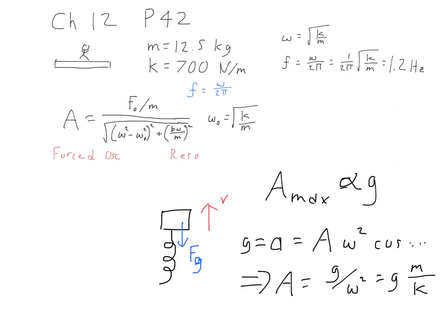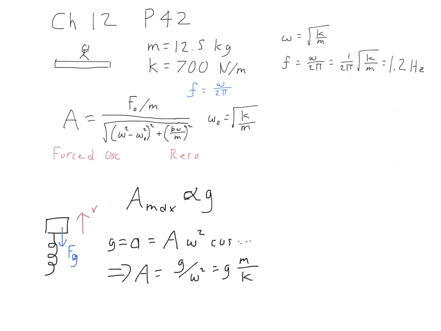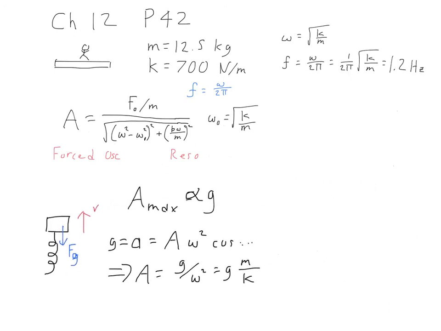Now I haven't given myself too much space to plug in the numbers here, but we'll just move this a little bit off to the side and plug in our numbers. If I put in 9.8 for acceleration due to gravity, I find that the amplitude we're going to get, based on all the other information we have, is 0.175 meters, that is 17.5 centimeters, not even a foot, less than a foot.